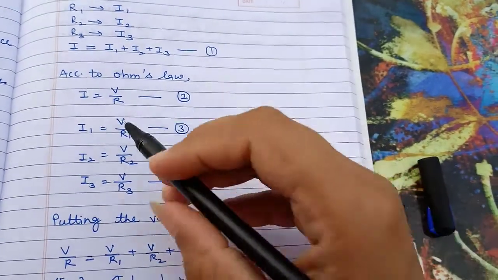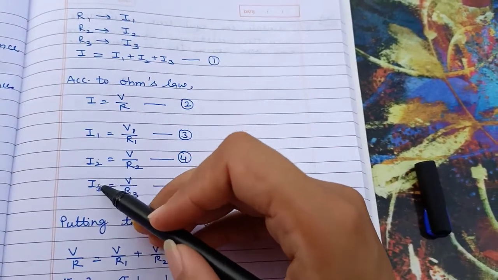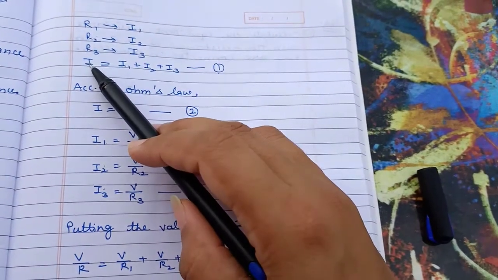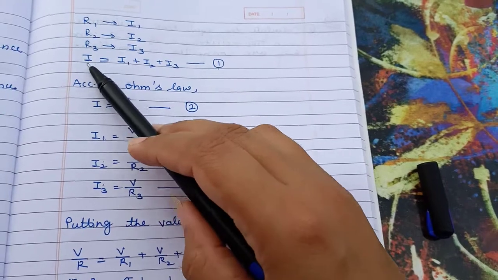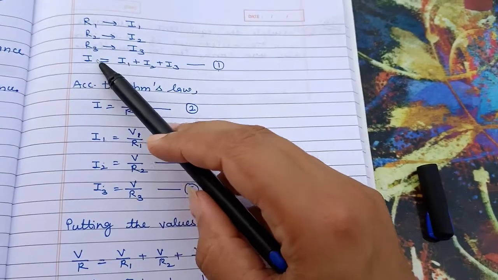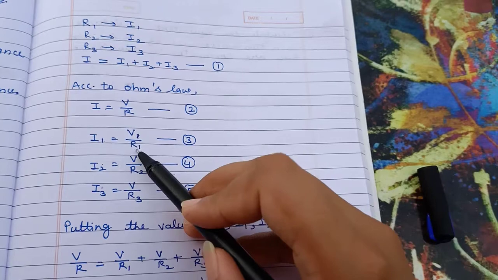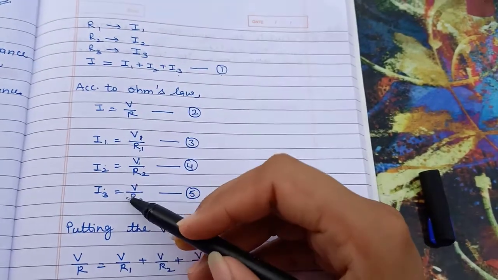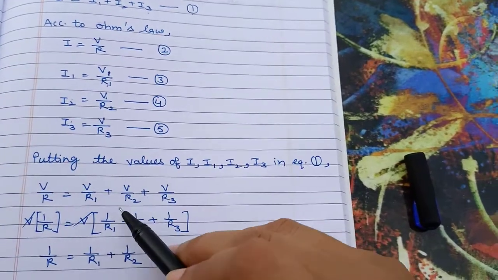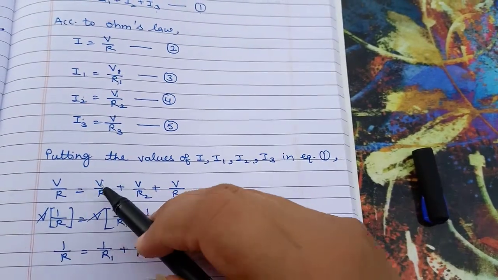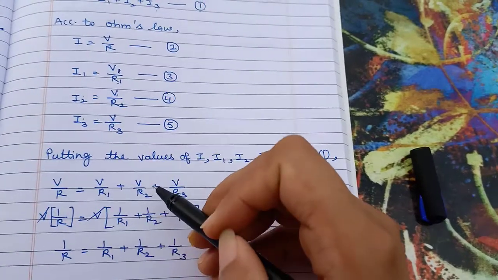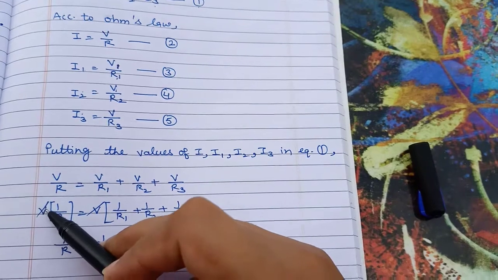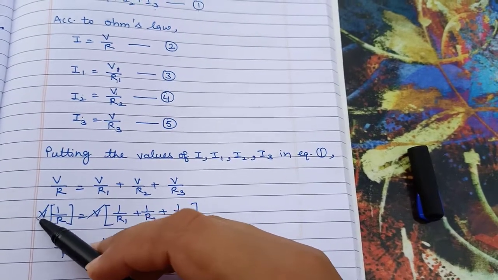Now putting the values of I, I1, I2 and I3 in equation number 1. In place of I, we are using V upon R. In place of I1, we are using V upon R1, I2 V upon R2 and I3 V upon R3. After putting the values, we get this type of equation. Now in this equation, we can observe that V is common, so we will keep this V outside the bracket.